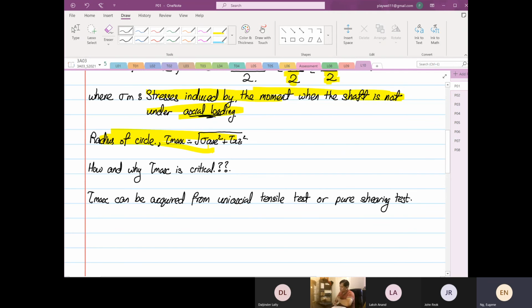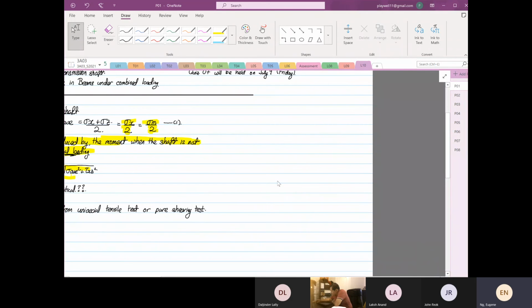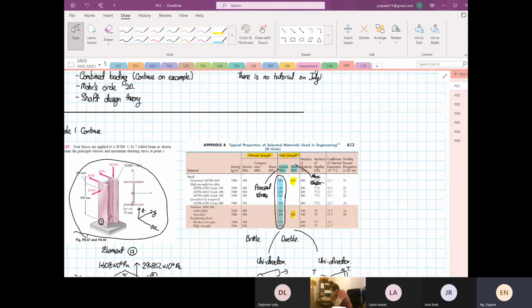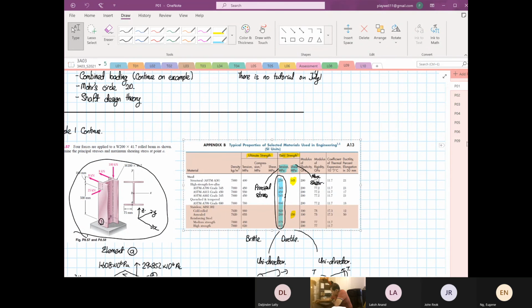If you look into our material property, a while ago, I wonder was it last week, we looked at material property. We look at here, all right, we have this property. I'm going to copy.